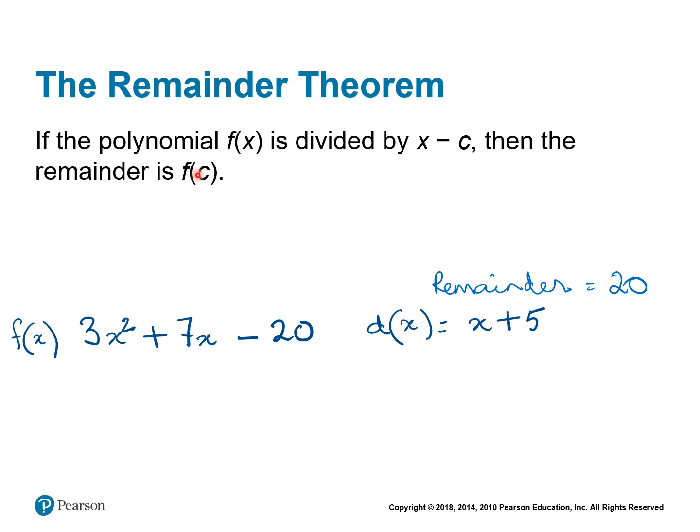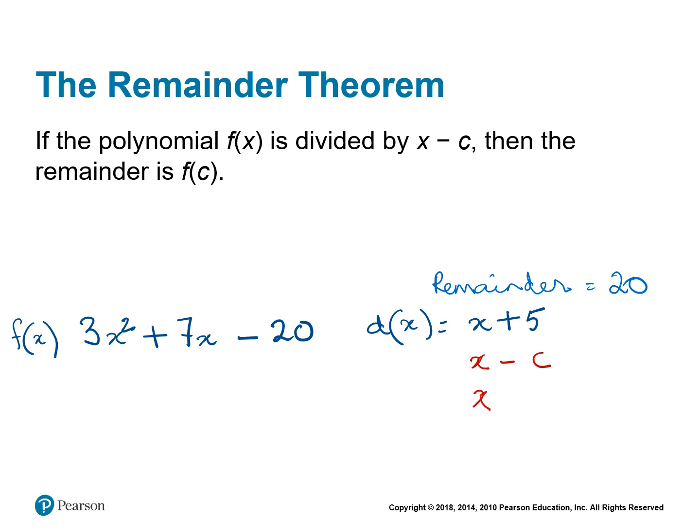In order to do that, the divisor that's given to us must be written in x minus c form. Please memorize that form of the divisor. All right, it's always in x minus c form. So let's rewrite x plus 5 in x minus c form.